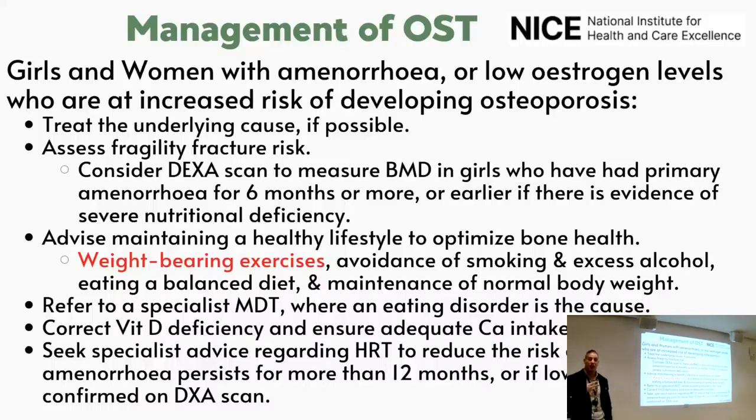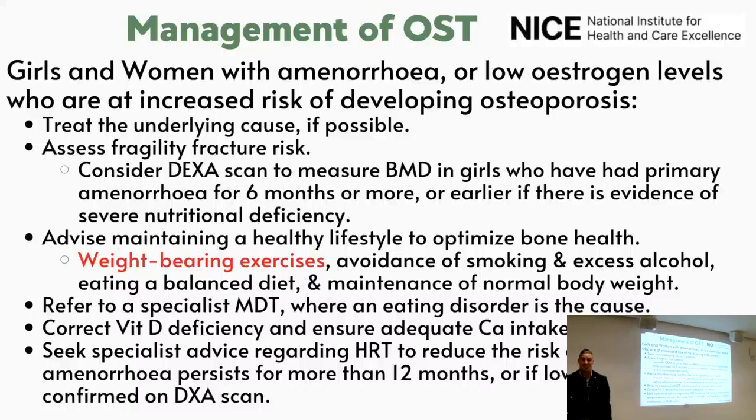If you've lost the menstrual cycle, then chances are you're in a state of low energy availability, high stress, and low estrogen production, and all these things are potential risk factors for causing the demineralization of the bone. So, what we should be trying to do is, first off, categorize the potential fracture risk.